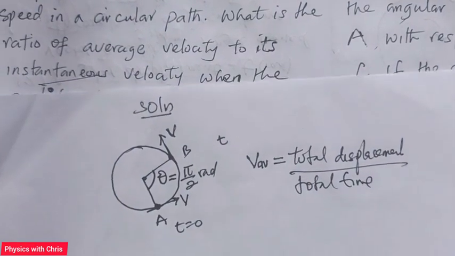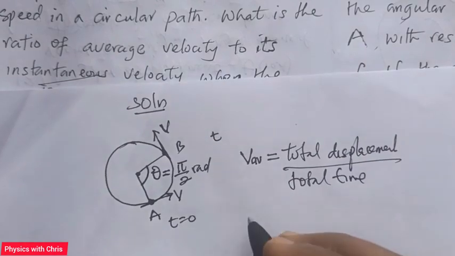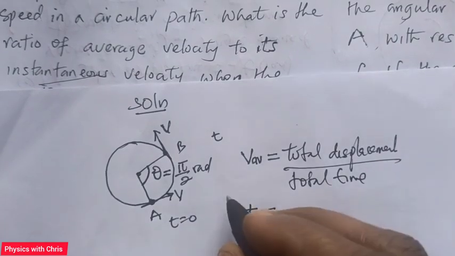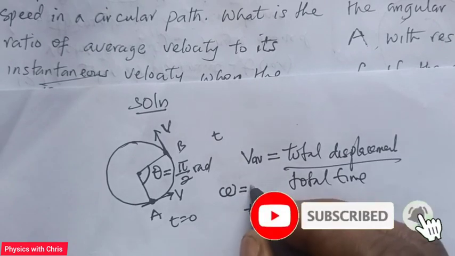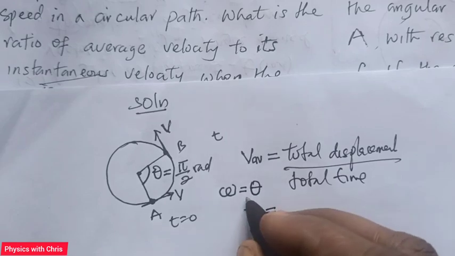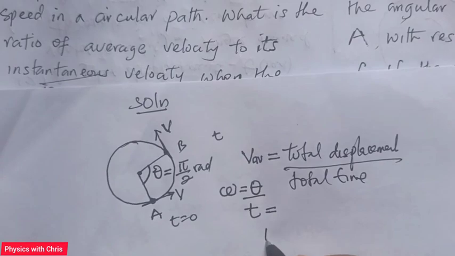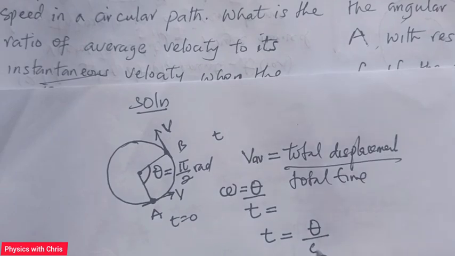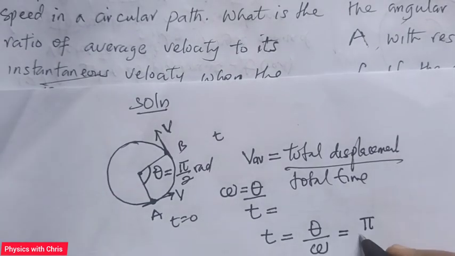Okay. Now, let me first of all start by writing the expression for the total time. Total time taken will be given by, of course, from this equation, angular velocity is angular displacement divided by time t. So that time t will be equal to angular displacement divided by angular velocity. Now, what is this theta? It is pi over 2 radian.